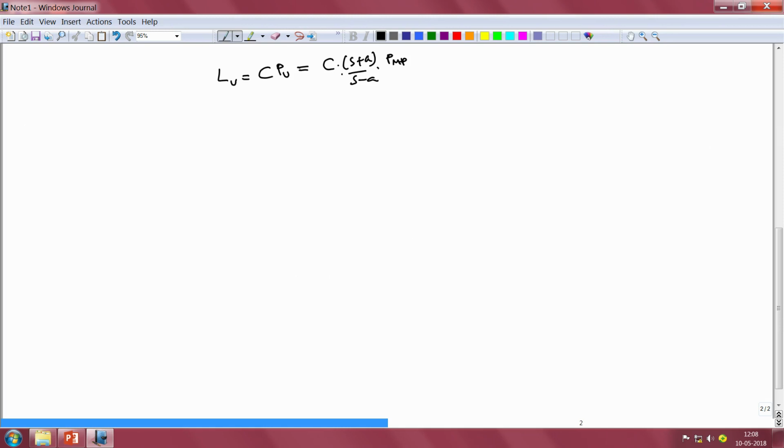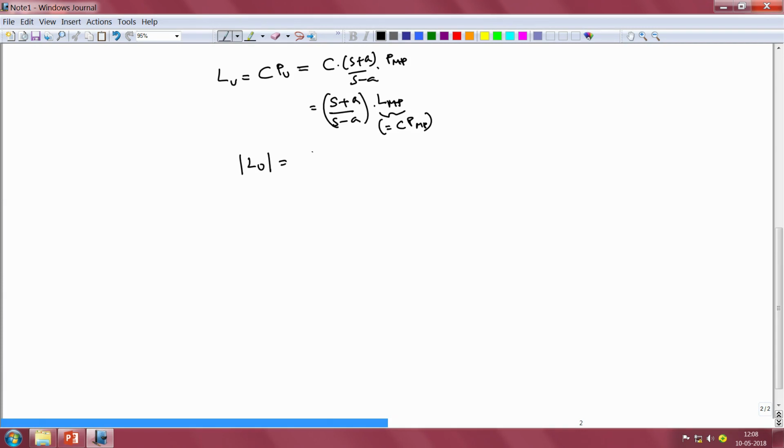I shall combine the terms C and P minimum phase and rewrite this expression as (s plus a) by (s minus a) times L minimum phase, where by definition L minimum phase is equal to C times P minimum phase.